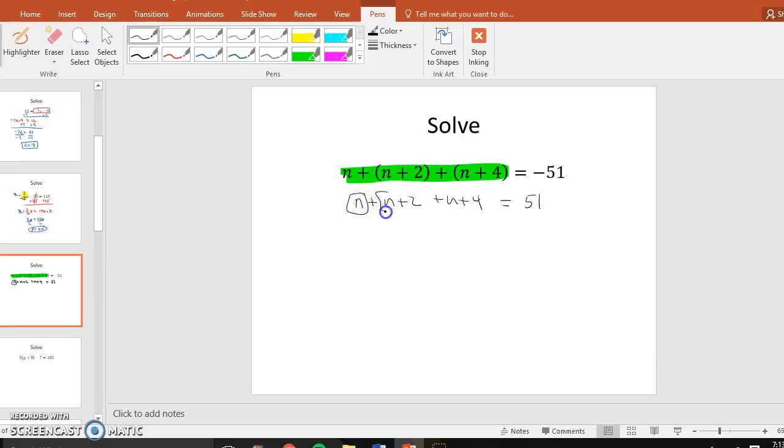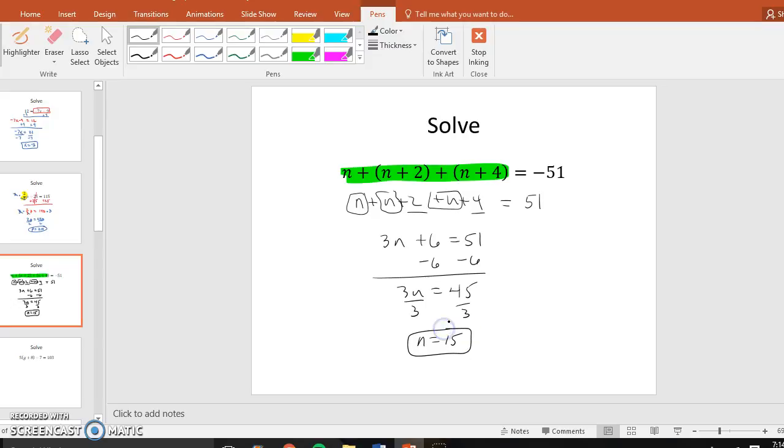And when I go to combine like terms, n plus n plus n is 3n. 2 plus 4 is 6 equals 51. Now, it's a simple equation to solve. Move the variables to the left, done. Constants to the right, 3n equals 51 minus 6 is 45. Divide by 3, and you get n is equal to 15.